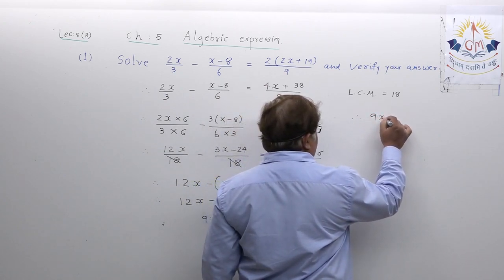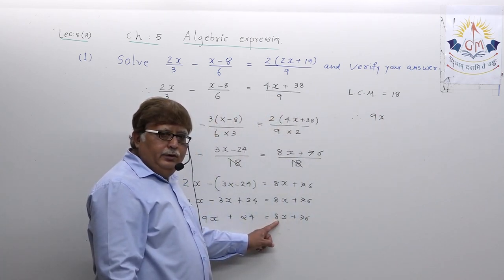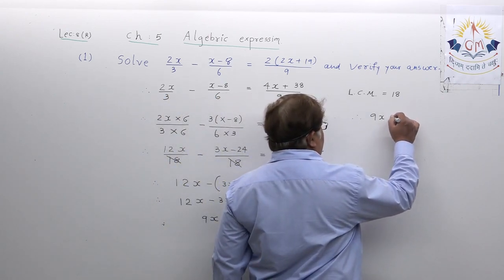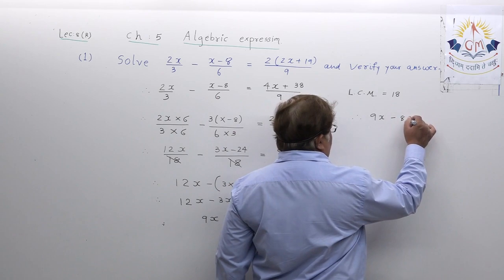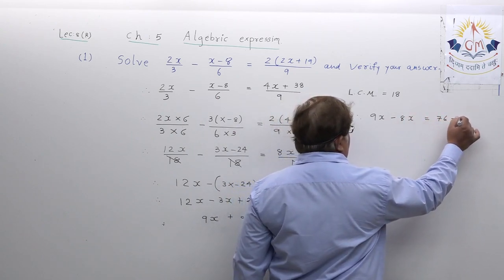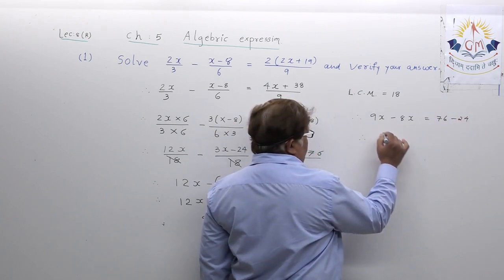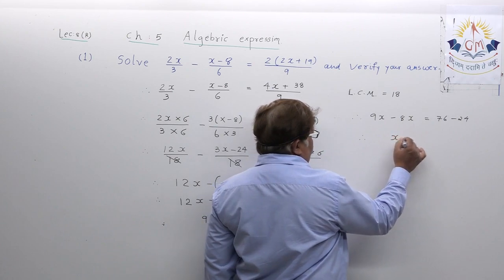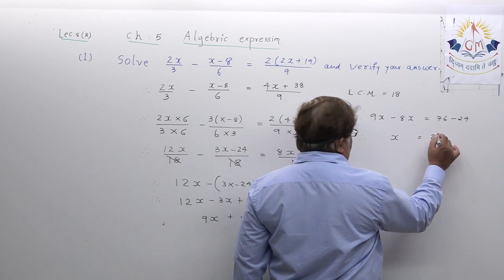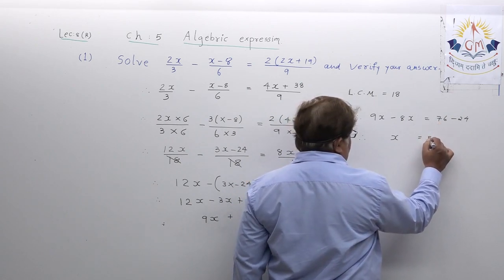9x, you are transferring 8x on this side, so sign change. Minus 8x, 76 minus 24. 9x minus 8x, that is x, equal to, just subtract, 52.